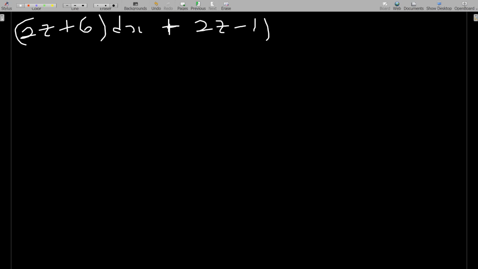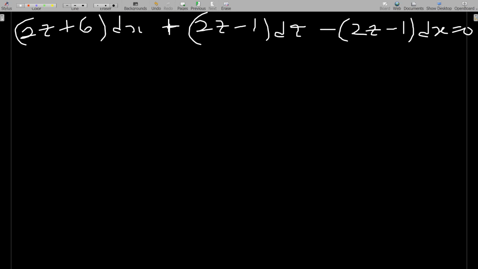So I have (2z plus 6) dx plus (2z minus 1) dz, then minus (2z minus 1) dx, and this is equal to 0.